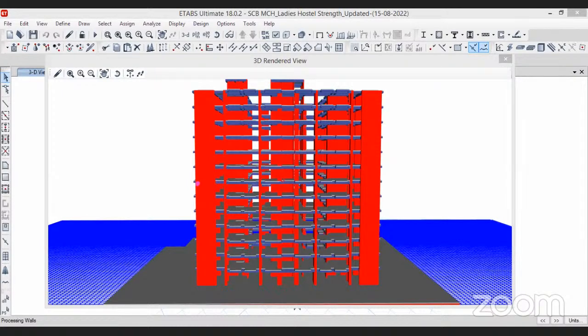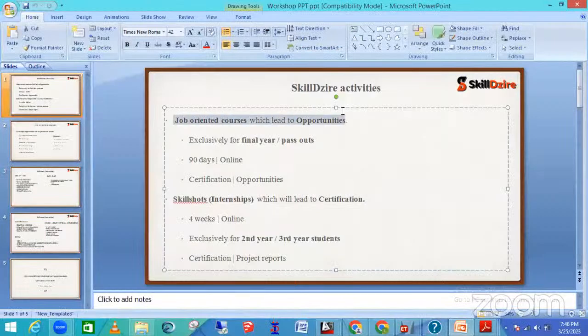For the job-oriented opportunities, exclusively for final years and passed outs, it will be a 90 days online course, and in this 90 days, after 45 days, you will have an exam.